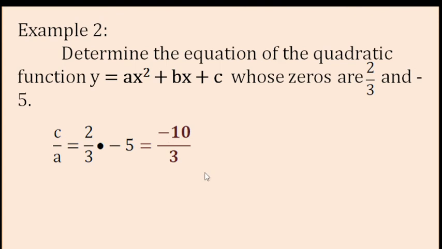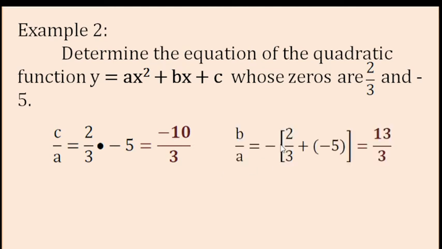And also, to find b, if we add the two zeros, it's actually equal to the opposite of the sum of the two zeros.